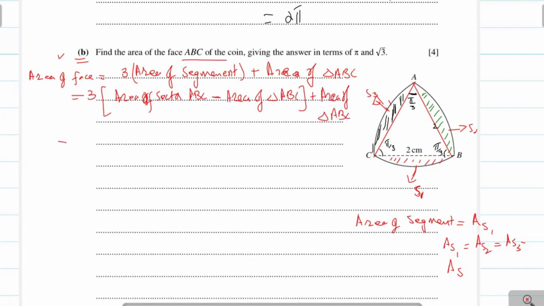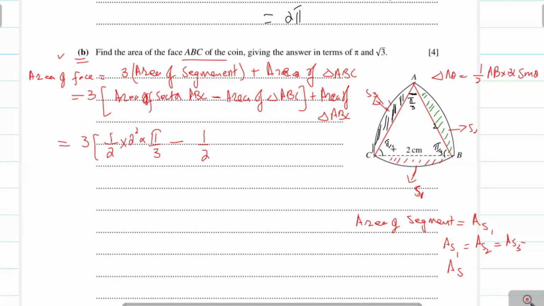Now we can write the area of the sector: area of sector is equal to 1 over 2 r square theta. 1 over 2, r here is 2 centimeters, theta is pi over 3, minus the area of the triangle, which is 1 over 2 into AB into BC into sine theta. This is the area of triangle ABC.